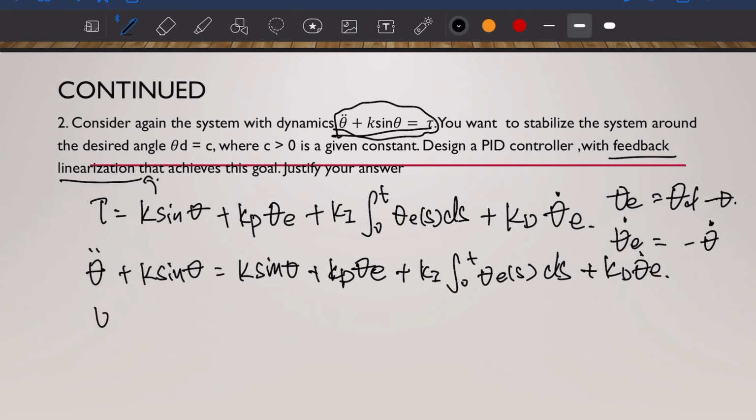After this, you can remove this K sine theta term, and then we'll have theta dot equals to minus Kp theta E minus Kd theta dot E minus Ki.